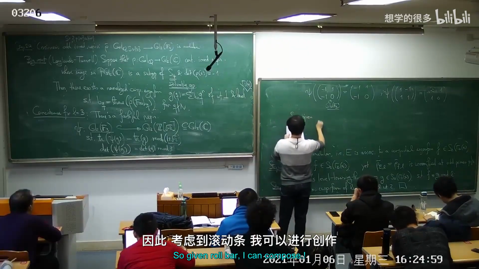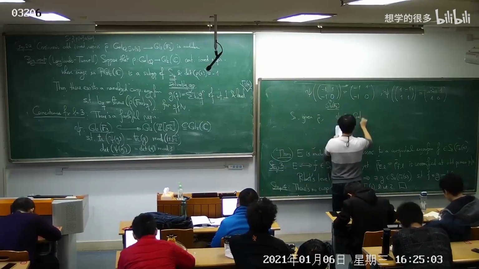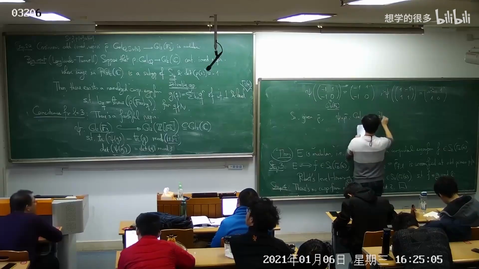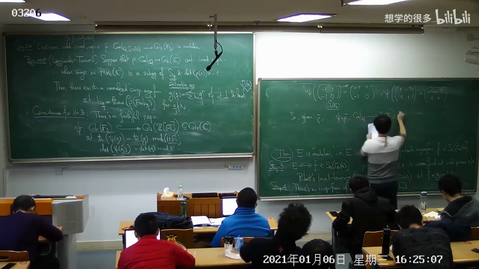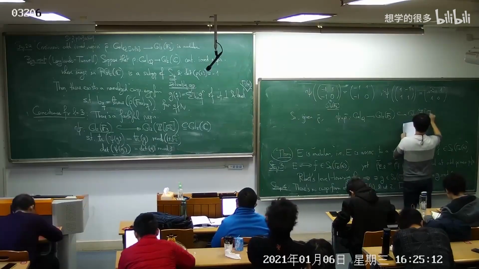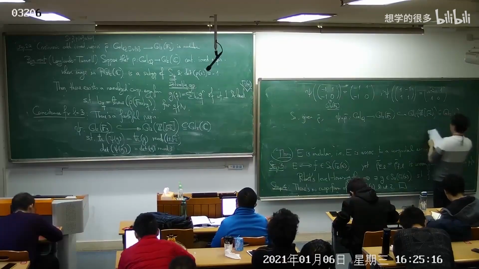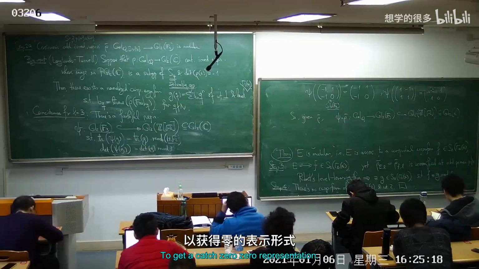Given rho bar, I can compose this to get a characteristic 0 representation.